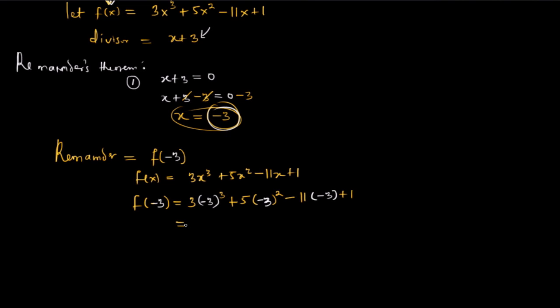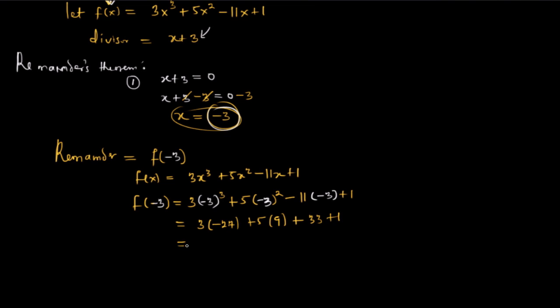Now negative 3 to the power 3 is negative 27, then plus 5 times negative 3 to the power 2, that is 9, then negative 11 times negative 3, negative times negative gives positive, 11 times 3 is 33, then plus 1.